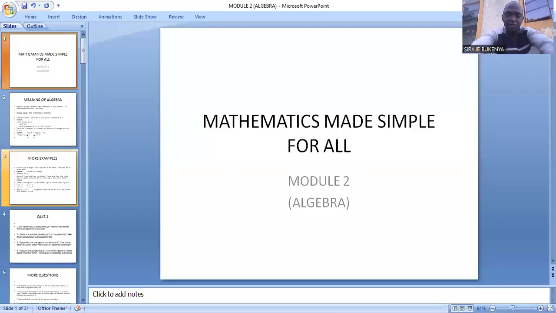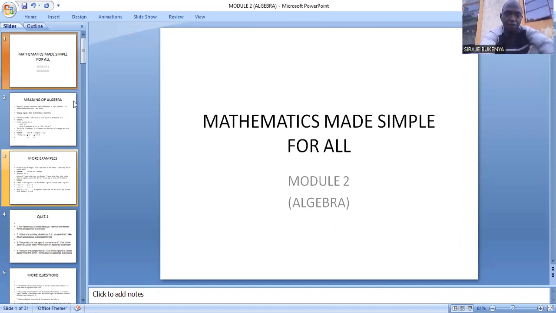We look at the ideas about collecting like terms, writing word statements into algebraic expressions, and then I can take you also through some of the simplifications, some of the solving equations, substitutions, and then I'll take you through factorization.